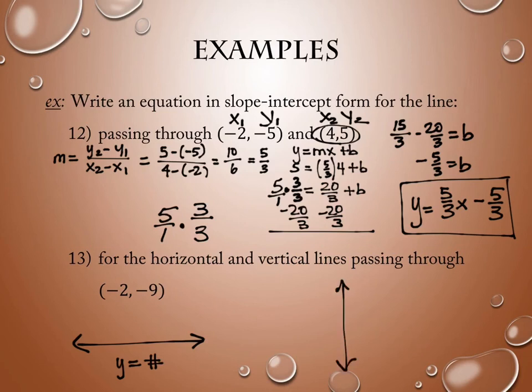Vertical lines, they have no slope, that's true. And when we're looking at a vertical line, it's the x value that never changes, right? Always the same, like the side of a building. So x equals. So for your horizontal lines, if it is going to be passing through the point negative 2, negative 9, it has to be the equation y equals negative 9.